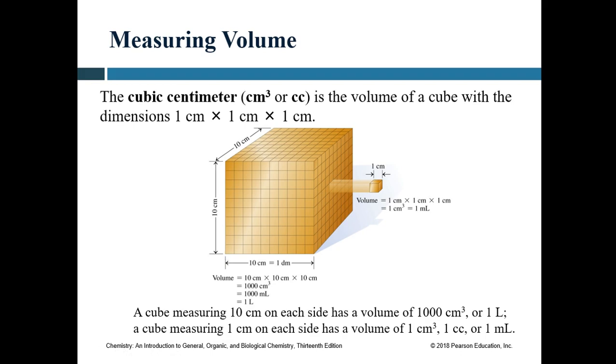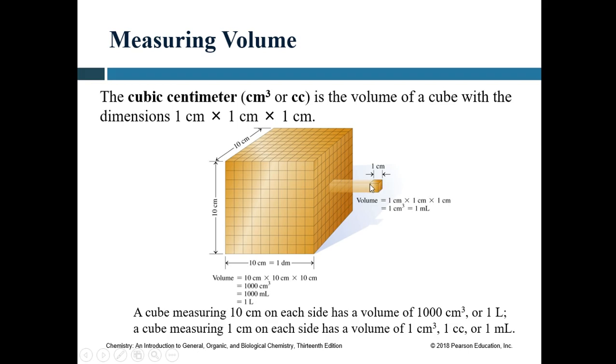Back in an earlier section, we mentioned that a cubic centimeter is equivalent to a milliliter. Here's why. If we take this little spot of a centimeter, which, if you measure it, is a little bit smaller than a centimeter, this is just the view here. The volume of a cube is 1 centimeter by 1 centimeter by 1 centimeter, length times width times height.